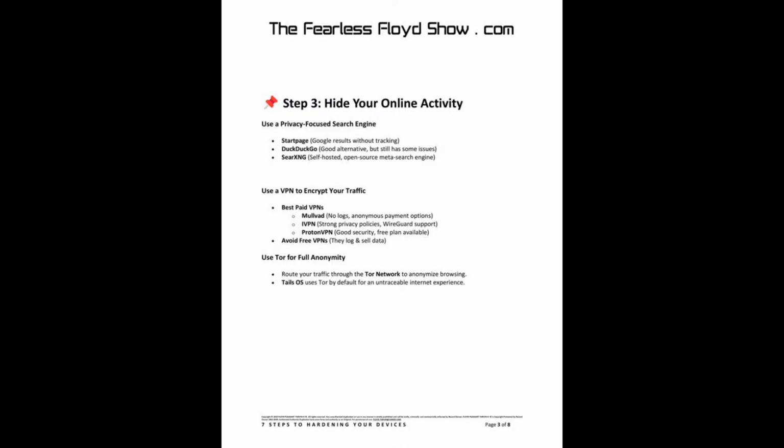Proton VPN, sorry. Good security, free plan available. Avoid free VPNs. They log and sell data. Use Tor for full anonymity. Route your traffic through the Tor network to anonymize your browsing. Tails OS uses Tor by default for an untraceable internet experience.